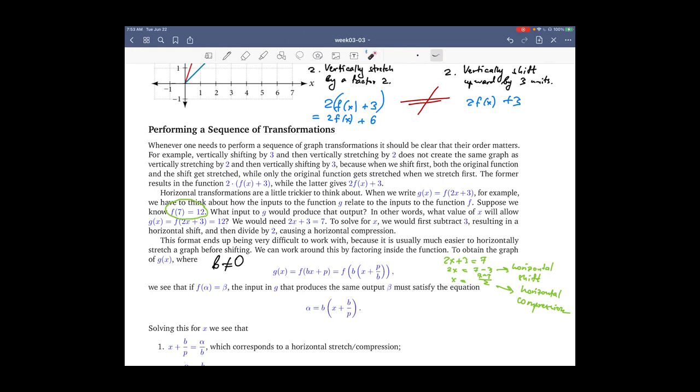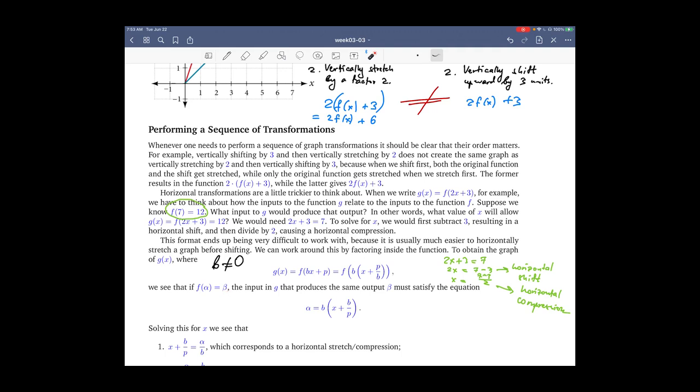And suppose f at alpha equals beta. The question is again, when input of f is alpha, the output is beta. For what input of g will the output be beta?